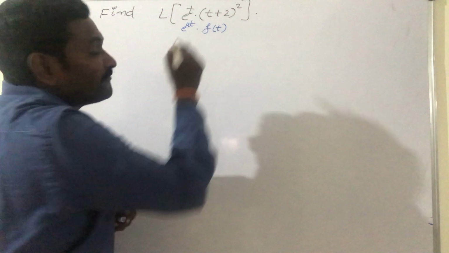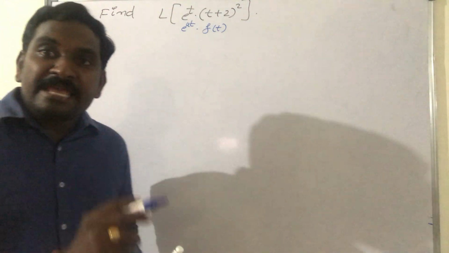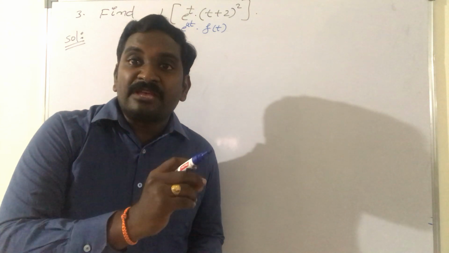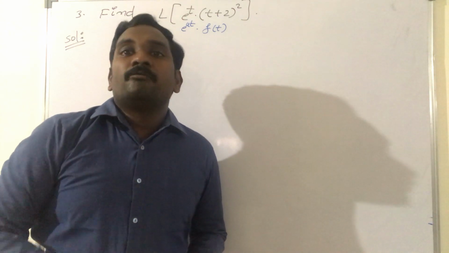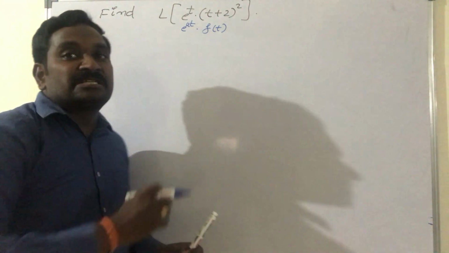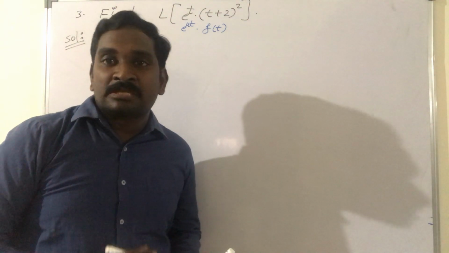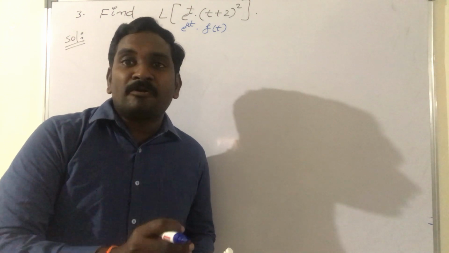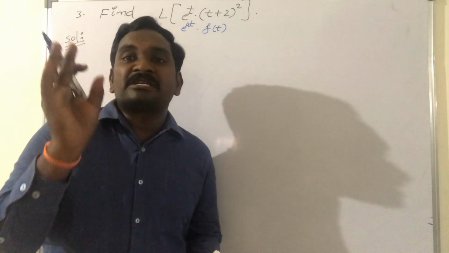Whenever the given problem is in the form of e power at into f of t, we should conclude that we can find this by using the first shifting theorem on Laplace transform. Once again, I will repeat it. Whenever the given problem is in the form of e power at into f of t, apply the first shifting theorem on Laplace transform.